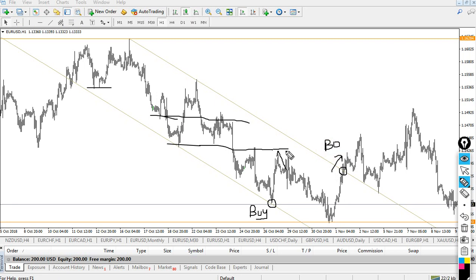Now this whole channel is finished. You have to consider that after a bearish channel you are going to a bullish channel. It means you are expecting, like 60%, that after a sell trade you are now in a buy trade.